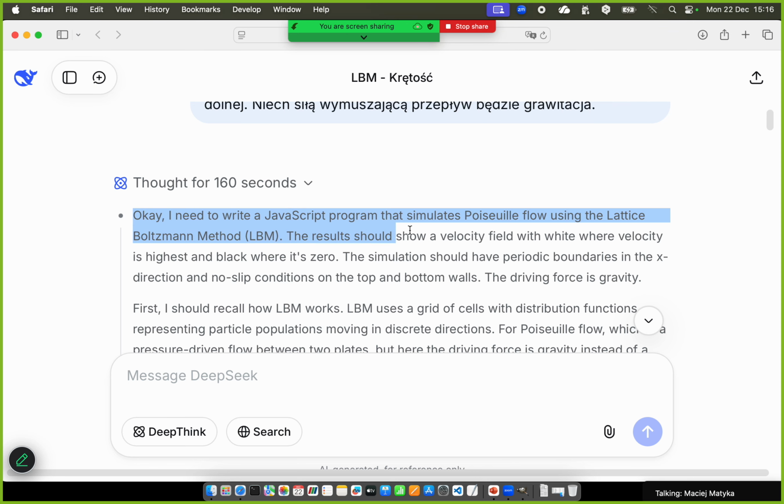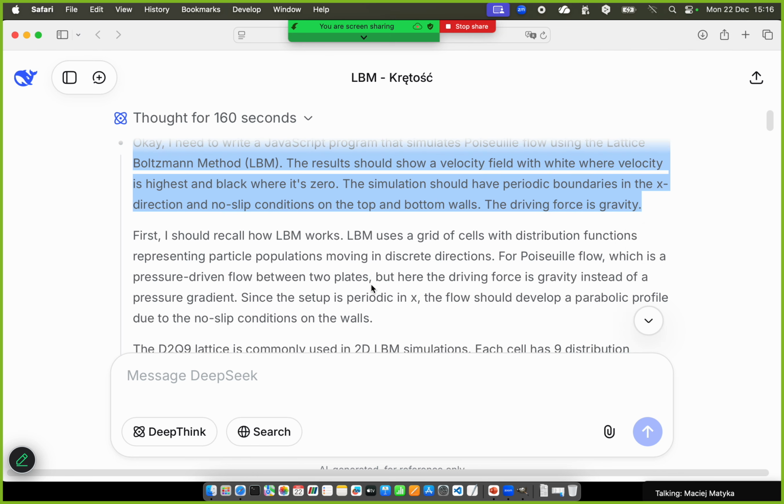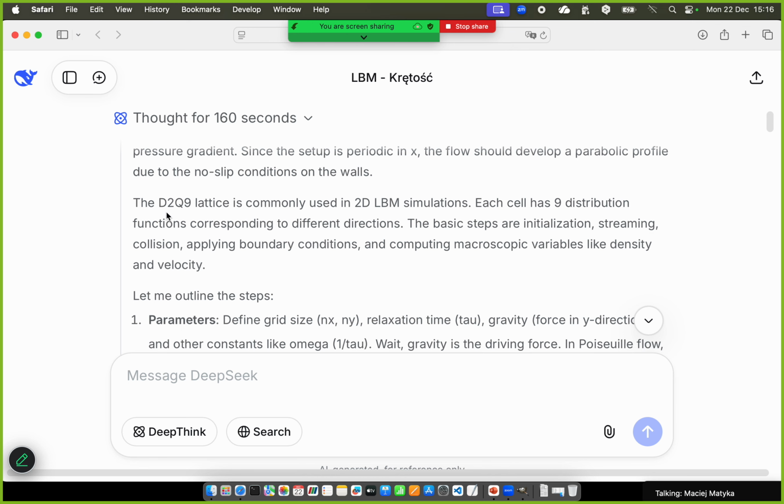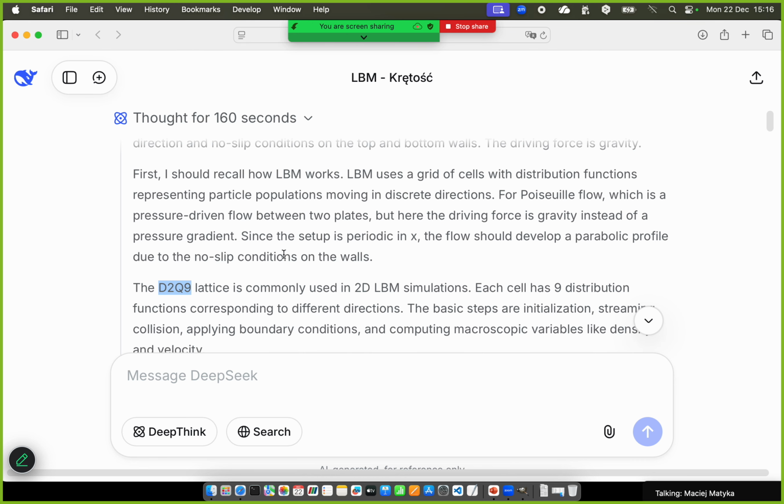If you go through it a little bit, you will see that this language model is able to recognize the main things from the knowledge that is in its network.